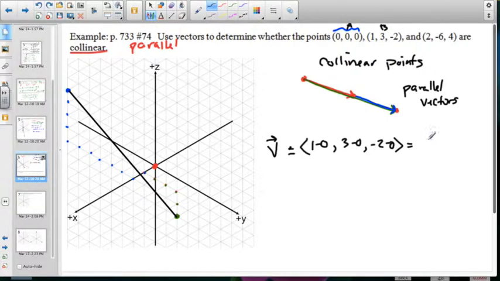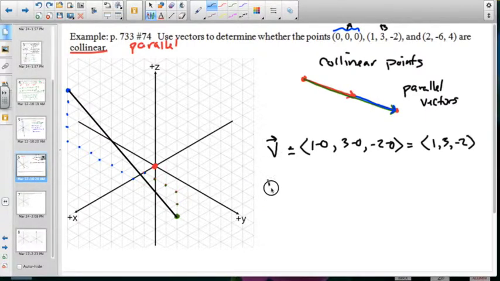So vector v looks like 1, 3, -2. So that's this vector right here.